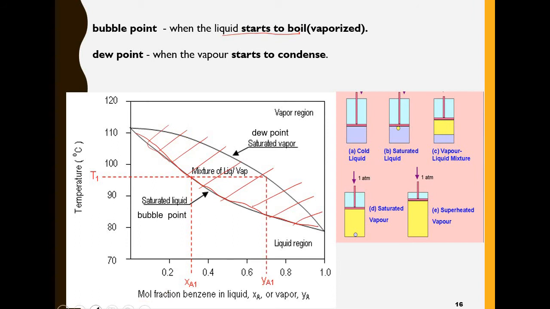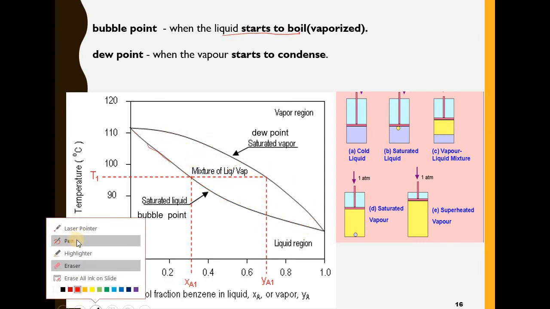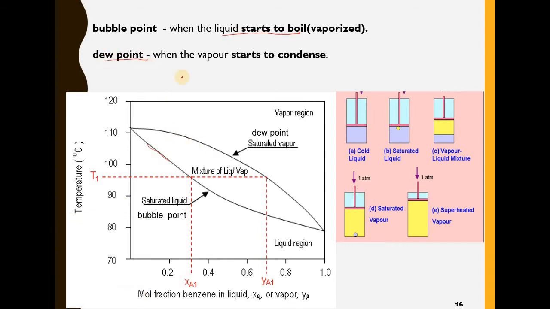The dew point is the point where the vapor starts to condense. Inside this curve is a mixture of liquid and vapor.